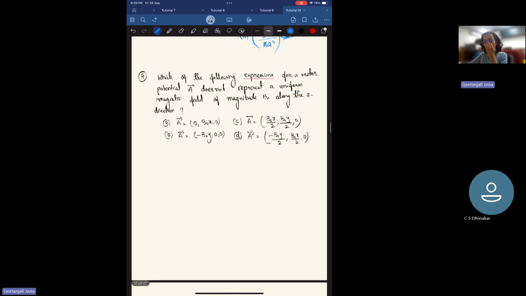So let us move to next problem. Which one of the following expressions for a vector potential A doesn't represent a uniform magnetic field of magnitude B0 along the z direction? So calculate it. Let me know the answer.